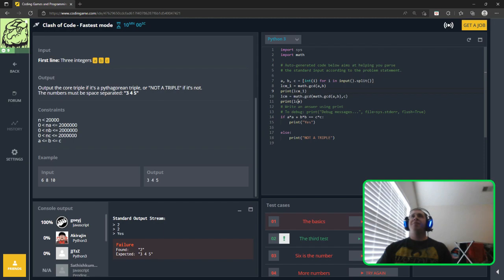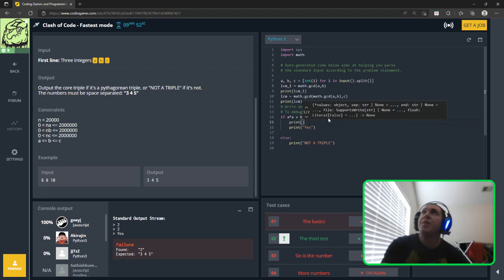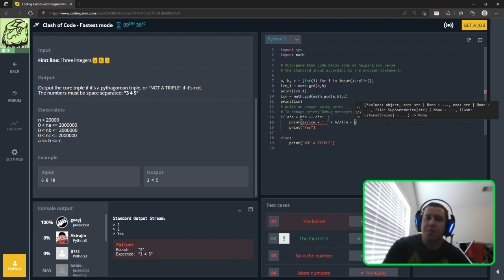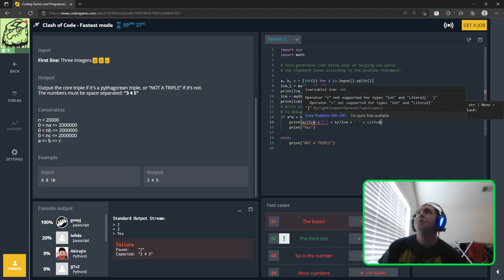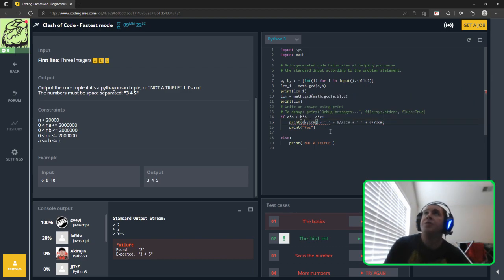So, now that we have the least common multiple of all of them, we can divide each one. Okay. So, print A divided by C. I see. What is all this? Int. Yes. We're going to do a string version of that.